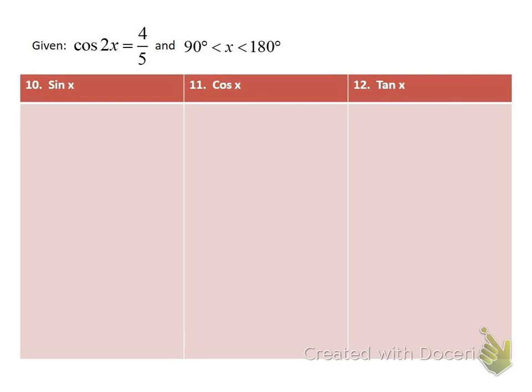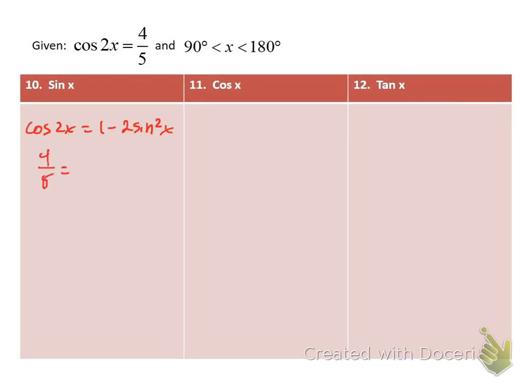It's just a different angle measure, so they're not going to match up. Instead, though, we do have 3 formulas for the double angle cosine, 2 of which have just a sine in it and just a cosine in it. In other words, I can use this: cosine 2x equals 1 minus 2 sine squared x. Because I know what cosine of 2x is, which is 4 over 5.